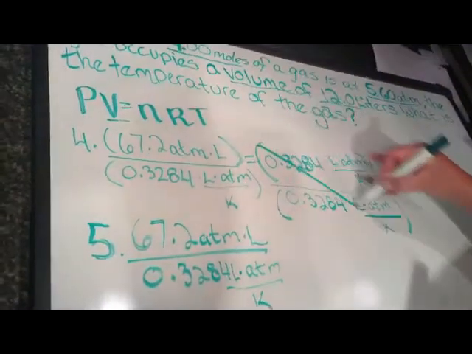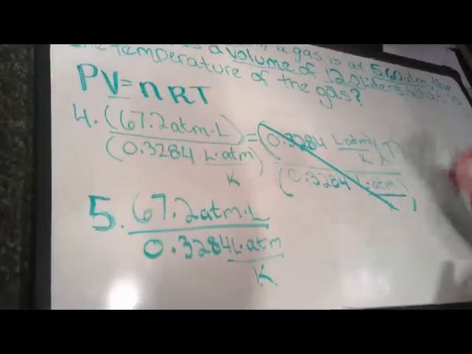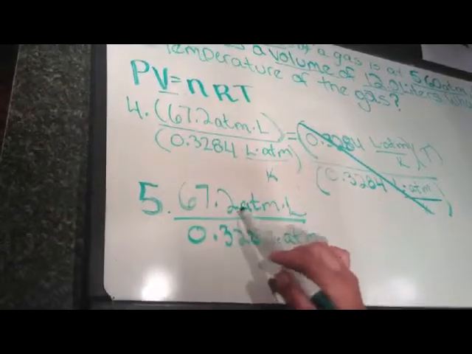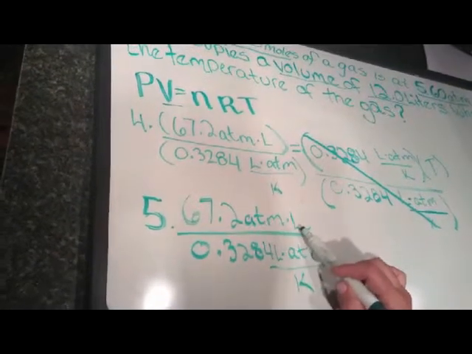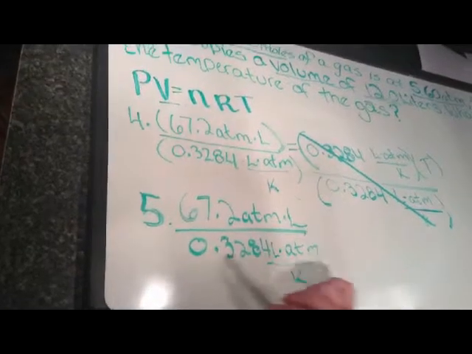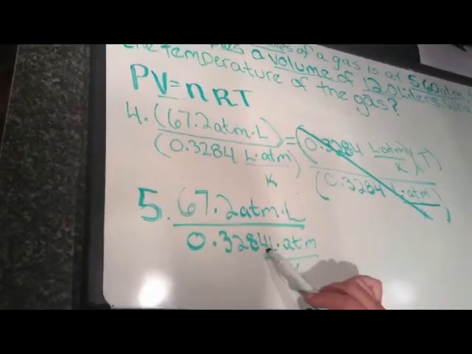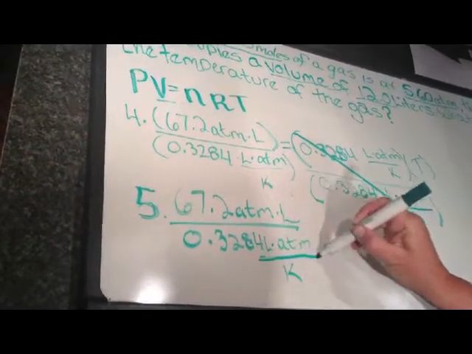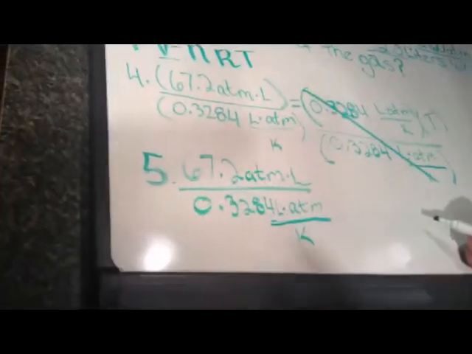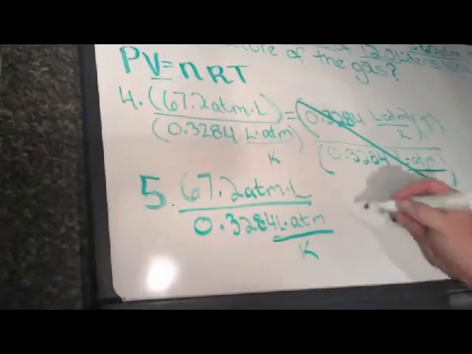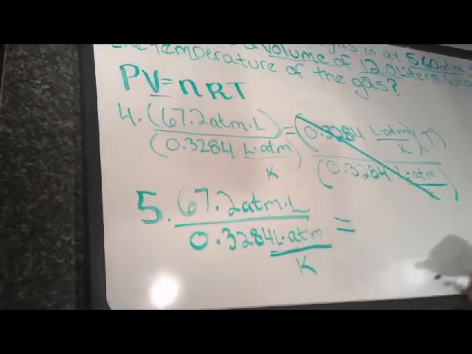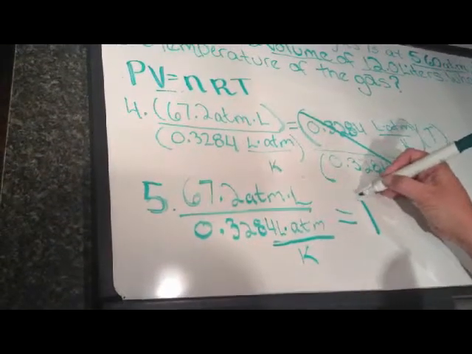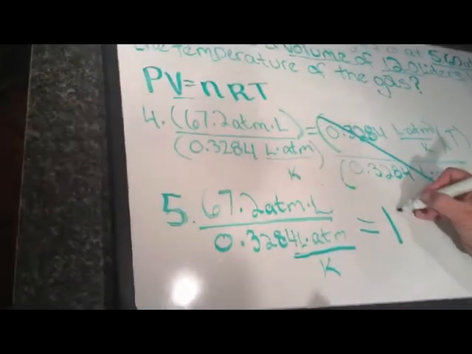So these things cancel, and you're left with just temperature on this side, which means we have 67.2 liters atmosphere divided by 0.3284 liters atmosphere over Kelvin. So we're going to be left with Kelvin, which is equal to our temperature.